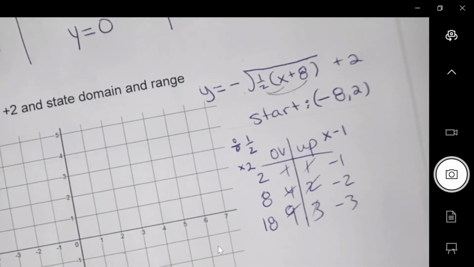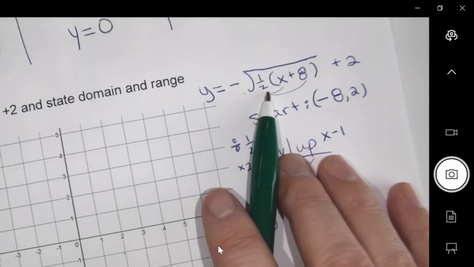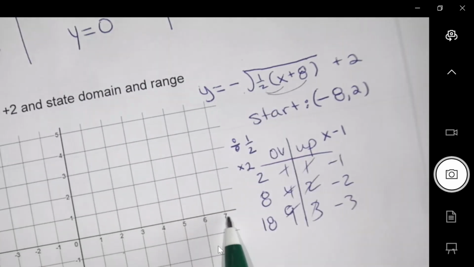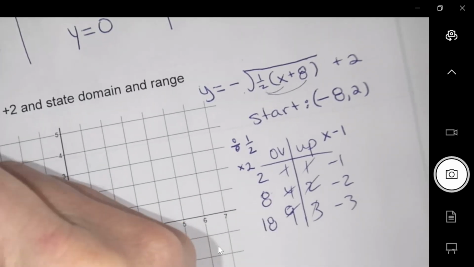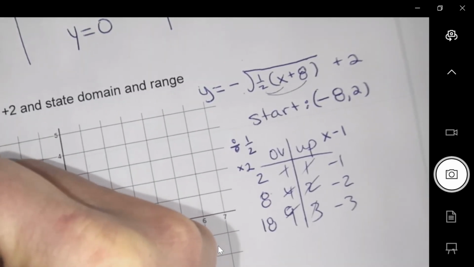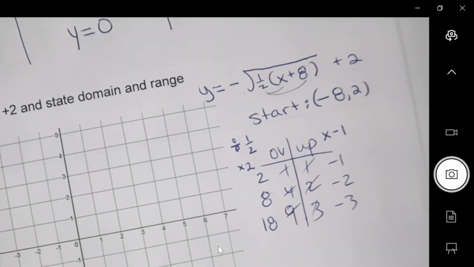Okay, here's another thing we can think about. If B is a 1/2, don't we remember the words of that? It's a horizontal stretch. Changing 1 to 2 is stretching it, right? Okay, there you go. So go right 2, down 1.